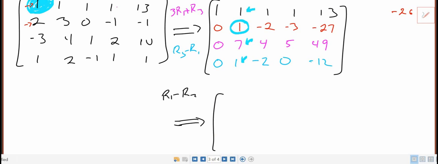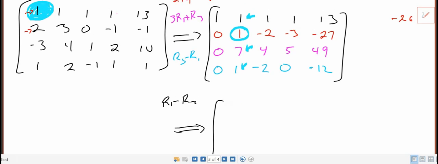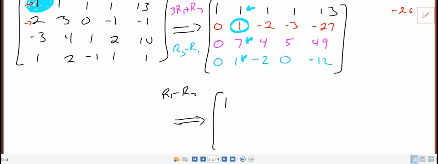I'm always going to be multiplying by 0 and adding 0, so it will not change my top left entry there. But row 1 minus row 2. So 1 minus 0 is still 1. 1 minus 1 is 0. 1 minus negative 2 would be 3. 1 minus negative 3 would be 4. 13 minus negative 27, so that would be 40.